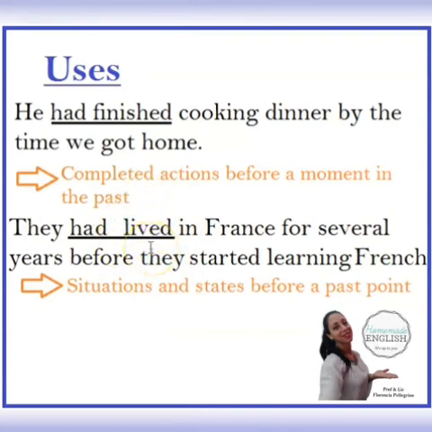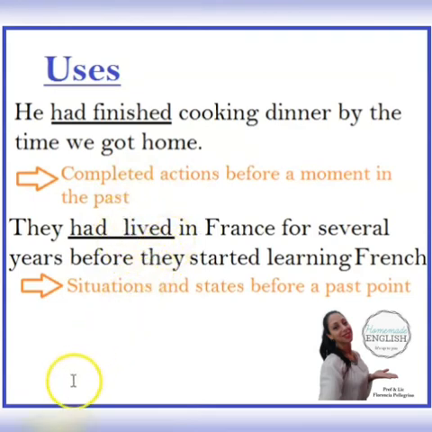Remember the difference between state and movement or action verbs. Movement or action verbs require, as their name indicates, movement. Live is a state verb because it doesn't require any movement.